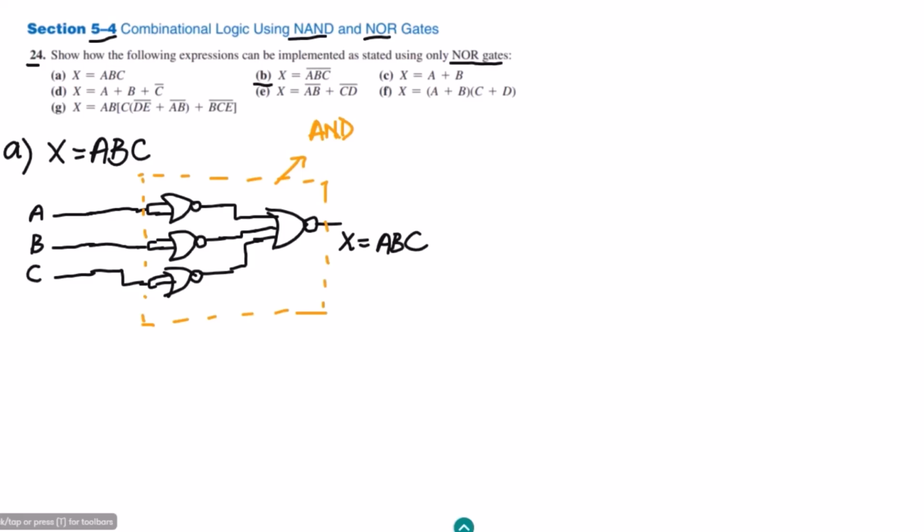Similarly, in part B, let me write that we have x equal to ABC whole complement. So what do we have to do? We have to implement the same AND gate here. Again we would have A, B, C as the input lines.